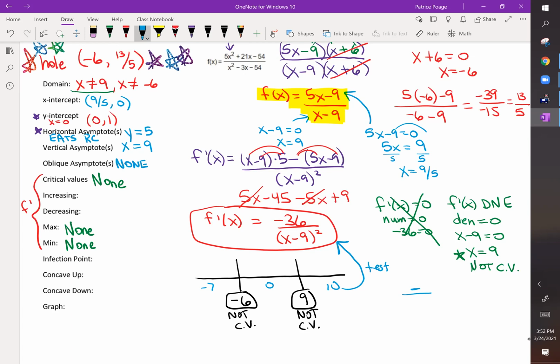And on bottom, no matter what number we put in, we're going to square it, which is always going to make it positive. So no matter what number we put in, we have a negative over a positive, which will always give us a negative. But if that didn't make sense to you, then by all means use your table.